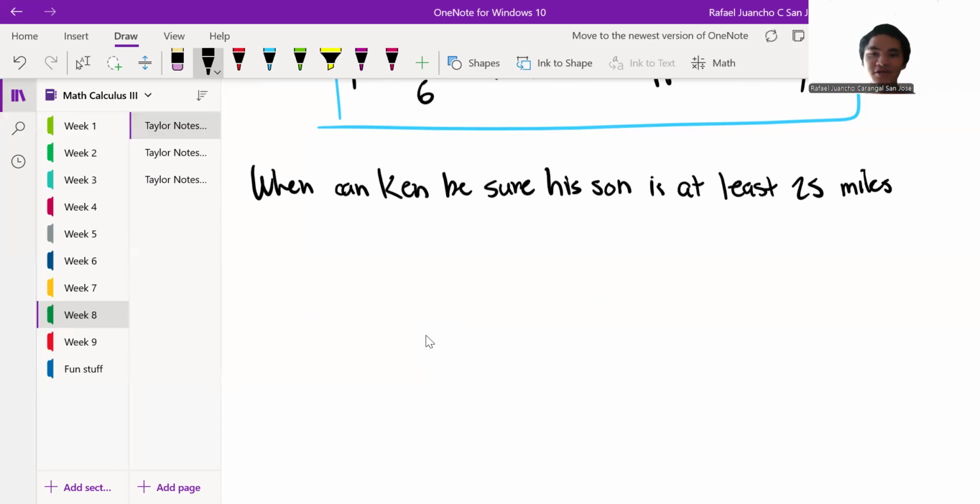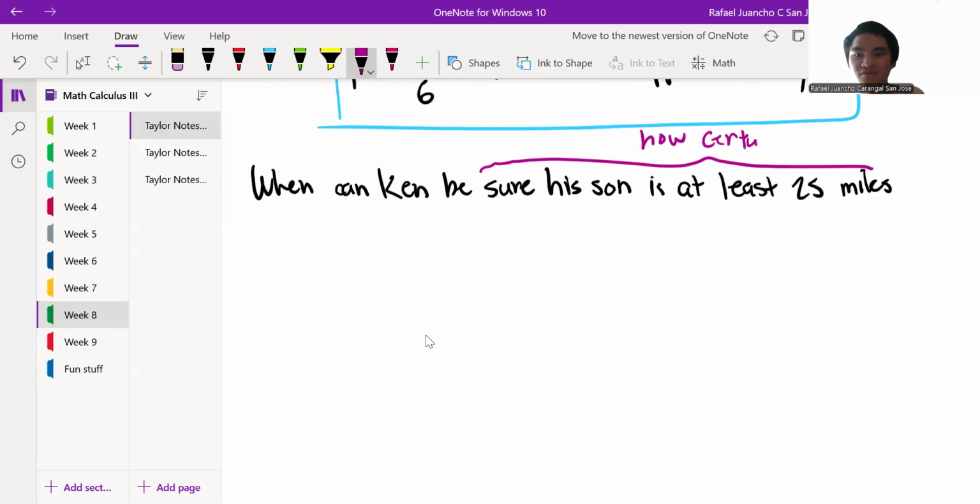So now we're quantifying how certain something is likely to occur. How certain is this? Well, that's where we use our error bounds, right? From Ken. And so to answer this question, we will have to write our error bound in a different form, right?